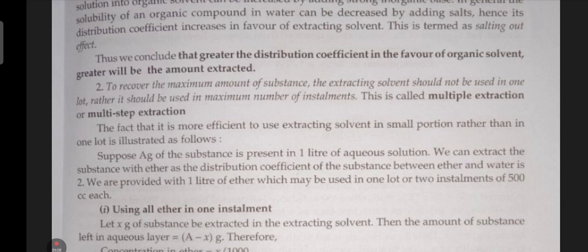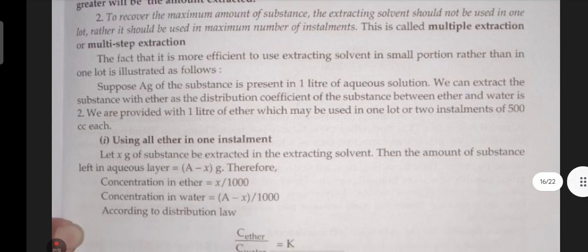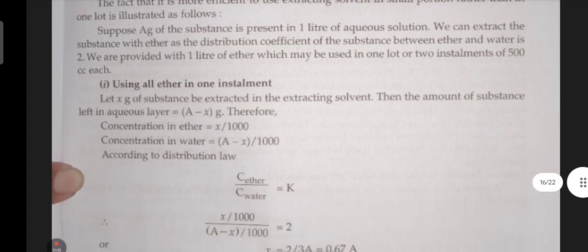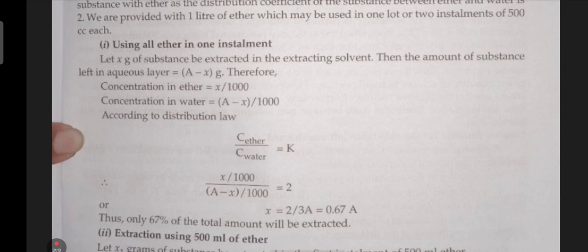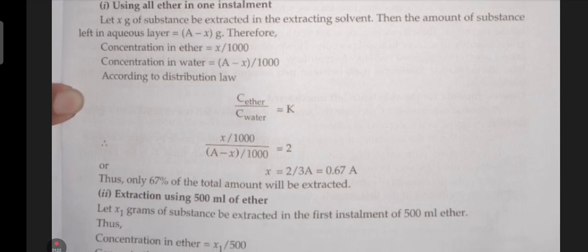We can provide 1 liter of ether which may be used in one lot or in 2 installments of 500 cc each. Using all the ether in one installment, 67% of the total amount will be extracted.